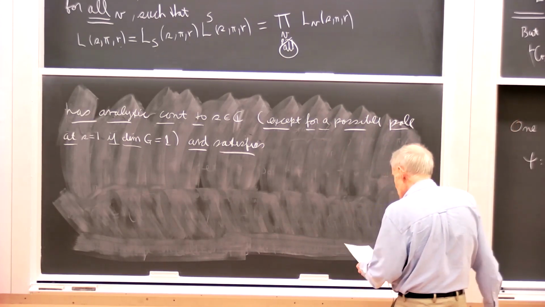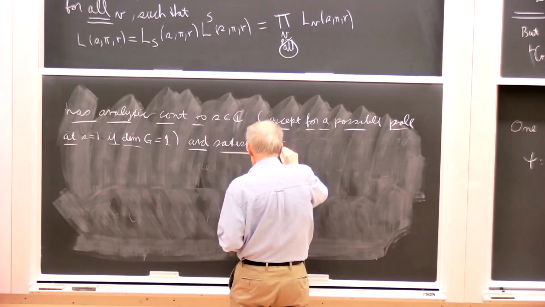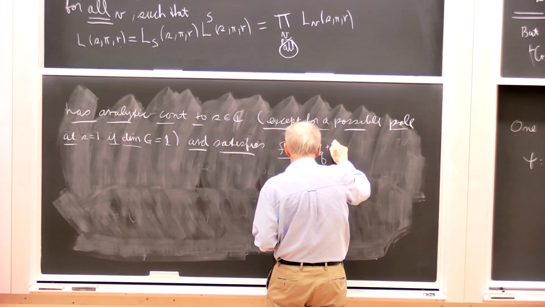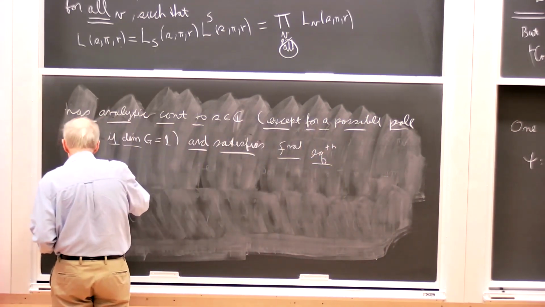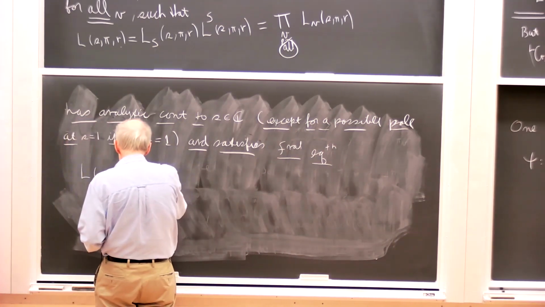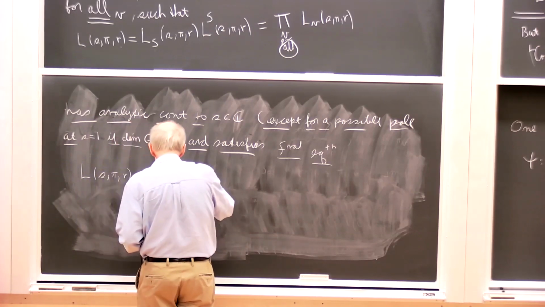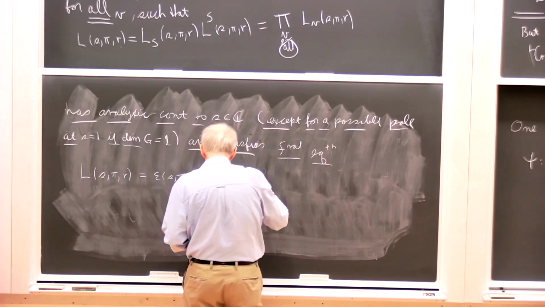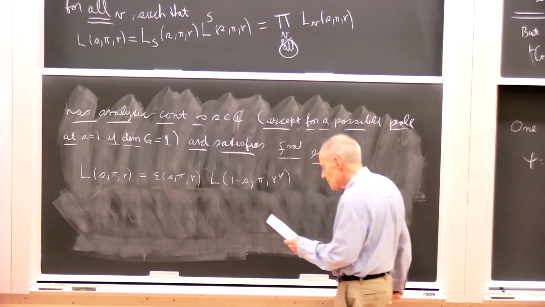But now what's relevant to all of them is that it's supposed to satisfy a functional equation: L(s, π, r) equals ε(s, π, r) L(1 − s, π, r contragredient).